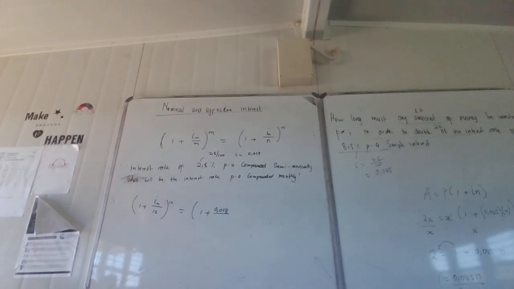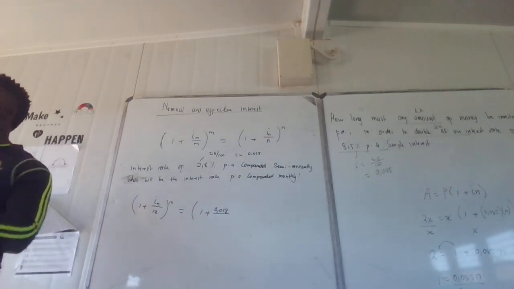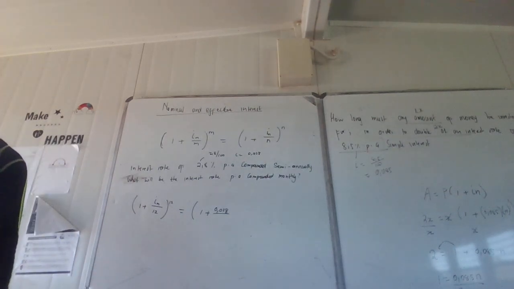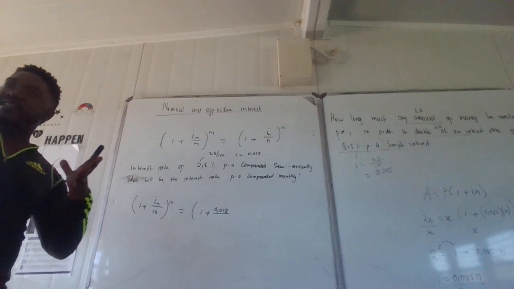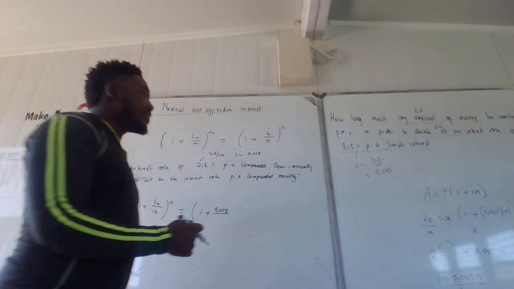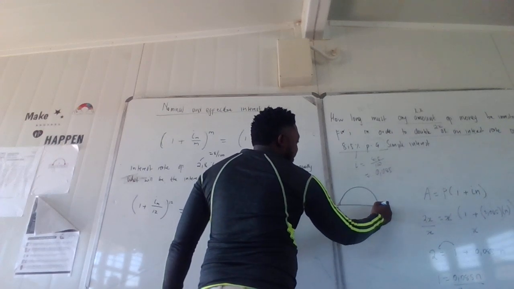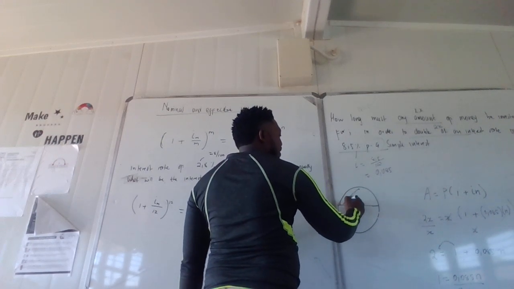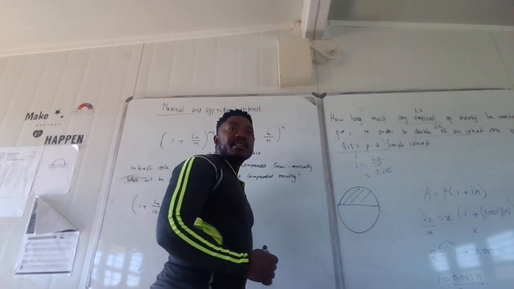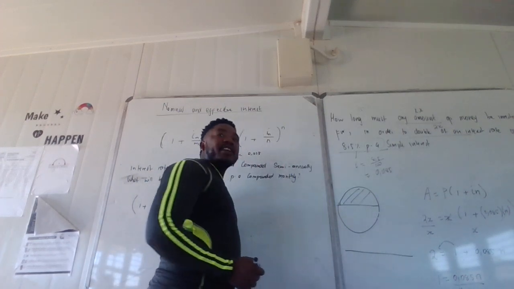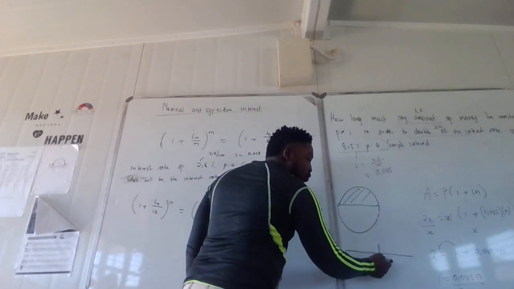All right. Semi-annual. Let me just take you back to geometry. When you have a semicircle, how many semicircles are there in a circle? Do you know what a semicircle is? If you divide it into 2 equal parts, this is a semicircle. When you have the whole year and you want to divide it into semi, it means you must divide it into half.